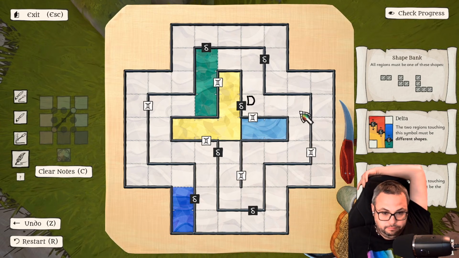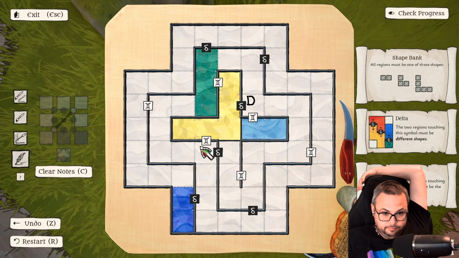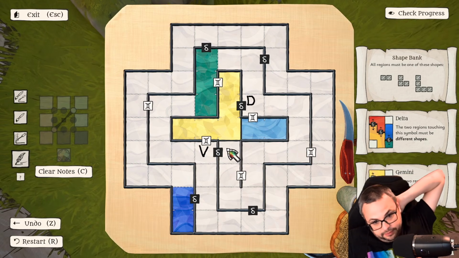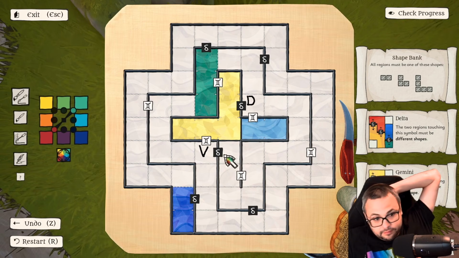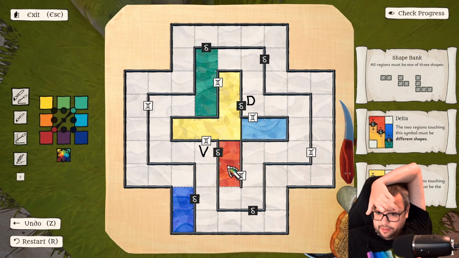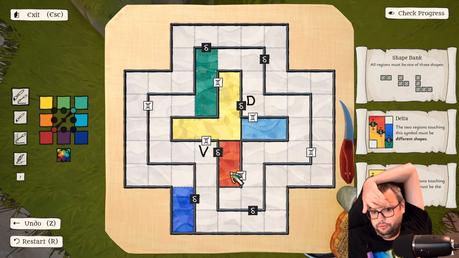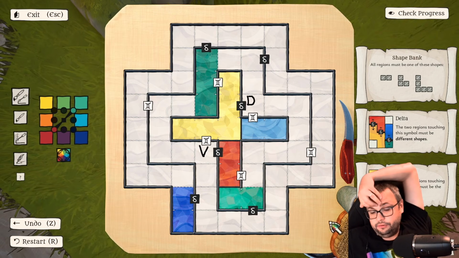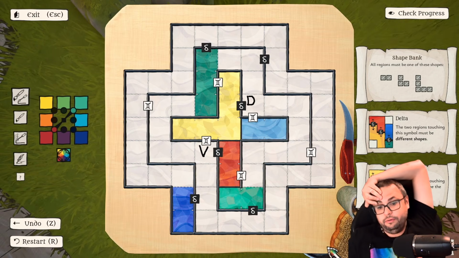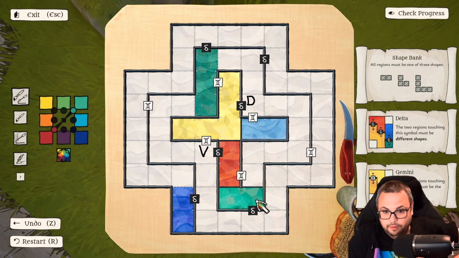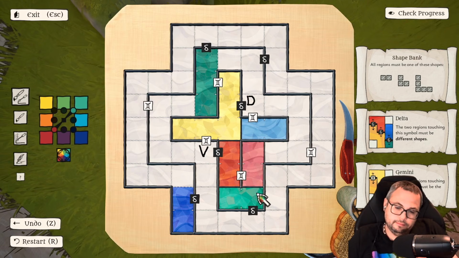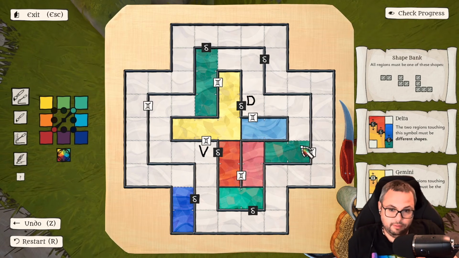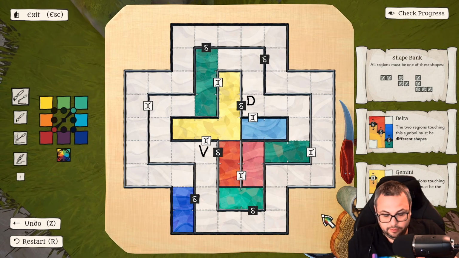Domino. V. Oh, well, this is just a domino, because it can't be anything else. There's no more shapes for it to be. These go together, but oh, I do know, because this is also a domino now, this comes over here, but I don't know if this is a bendy boy or not.